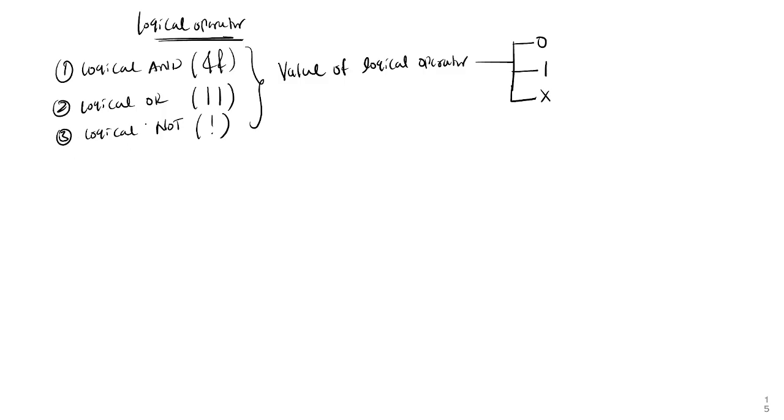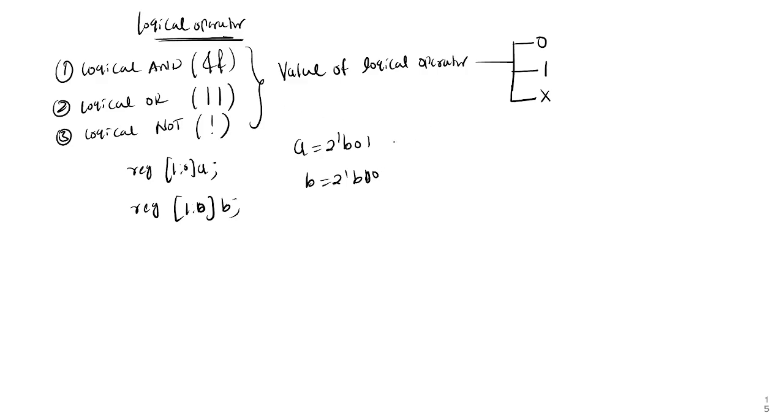Let's see some examples. Suppose the data types are reg [1:0] a, b. 1 down to 0 means 2 bits. Let A equal 2'b01 and B equal 2'b00.